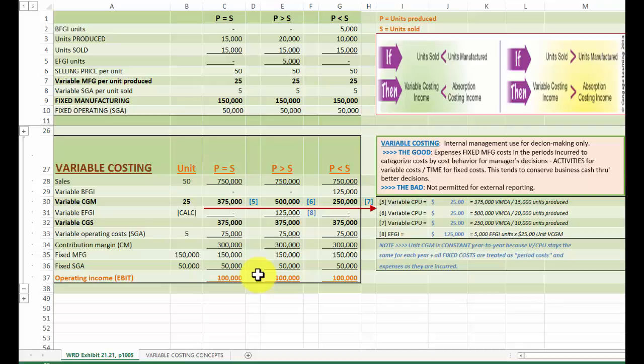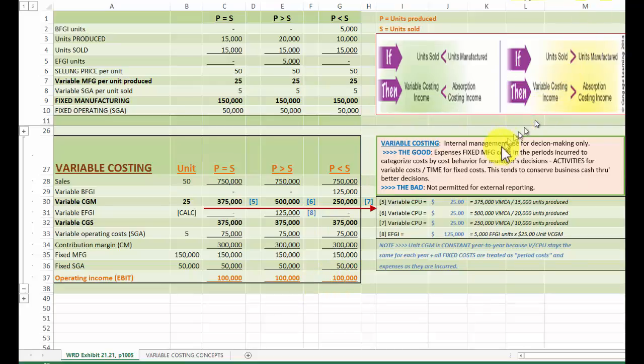When sales are constant, at $750,000, and when the variable manufacturing cost per unit stays the same at $25 a unit, and when the other items in the cost structure stay the same, income stays the same based on sales. And so that is what variable costing does. It eliminates the bad incentive for managers to bury costs in ending inventory because all fixed costs are expensed regardless of the number of units produced.